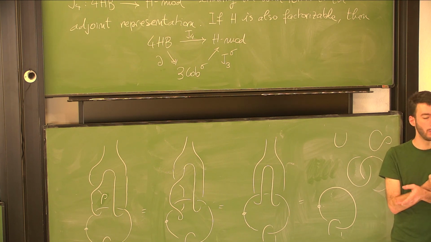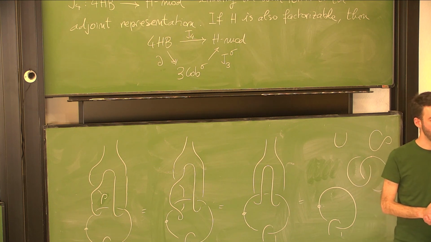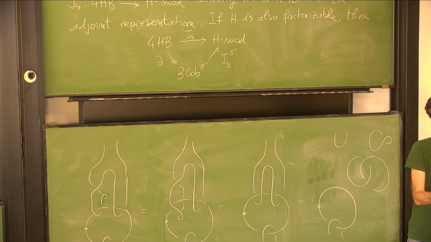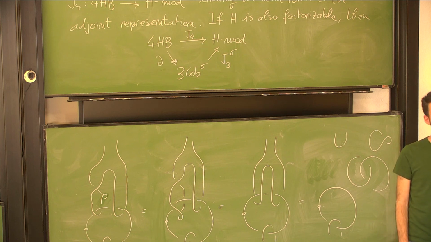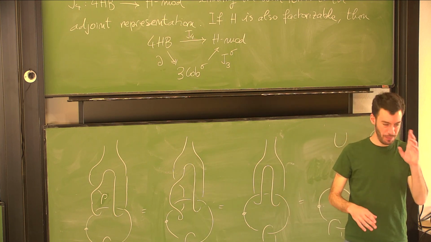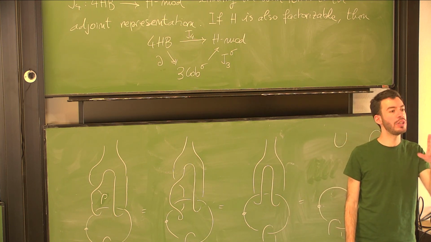Yeah. But as soon as you go to more complicated modules, and this is in some sense a generator for the category of modules, you could do everything using skein relations. I'm thinking now about the three-dimensional construction.